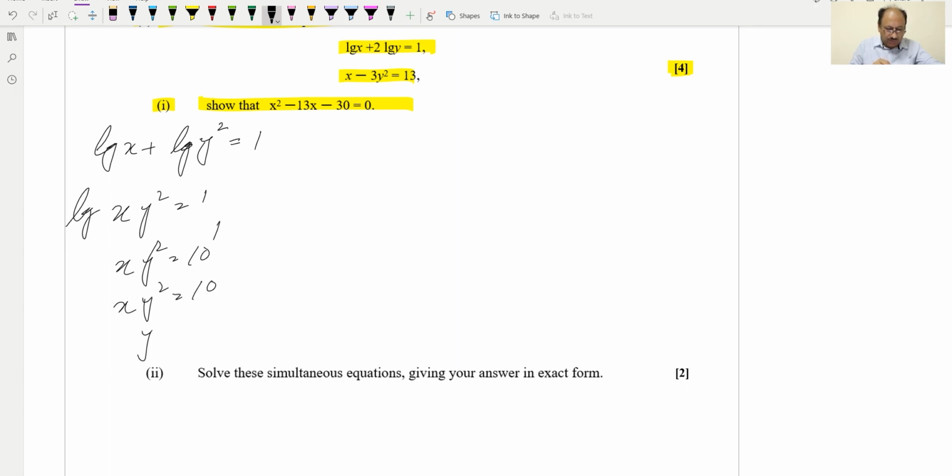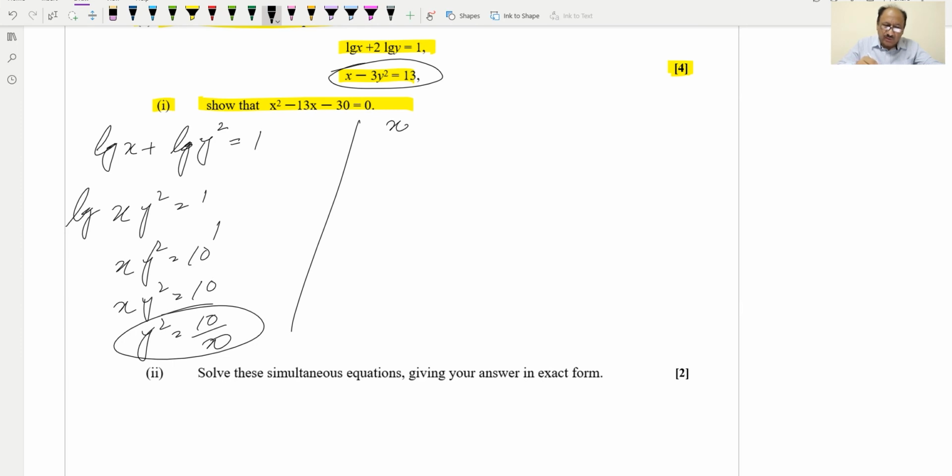So y square will be equal to 10 over x. This is our y square value which we got, and this we will replace in the second equation, and that will be our required equation. So x minus 3 into 10 over x, this is the y square value which we have replaced, and this will be equal to 13.